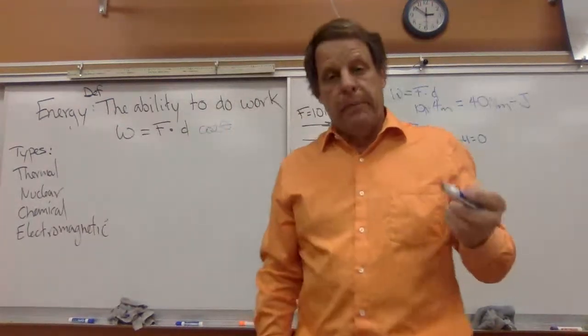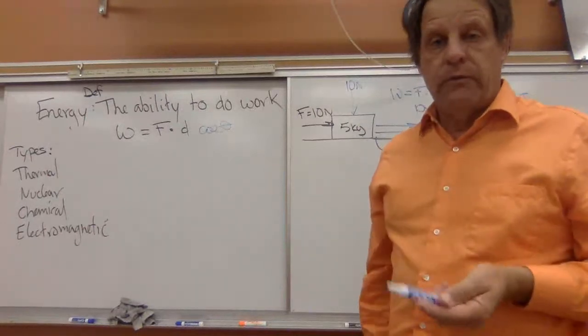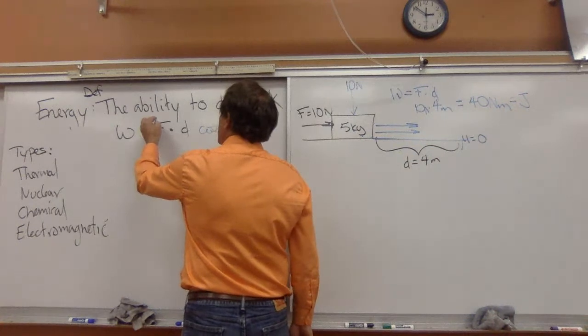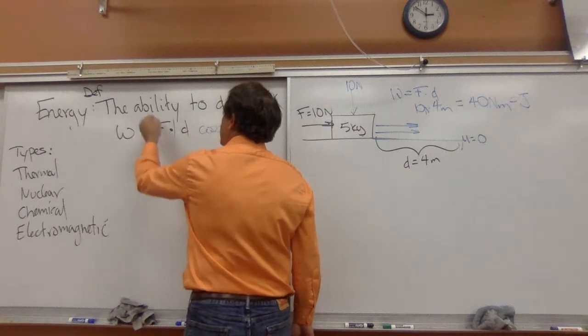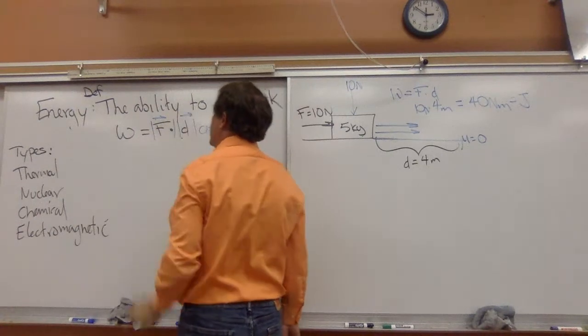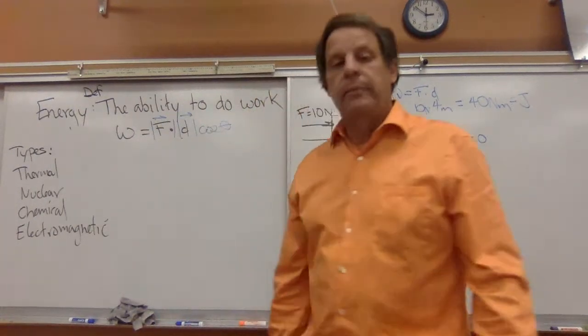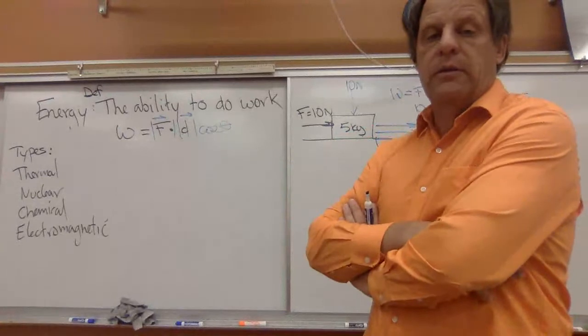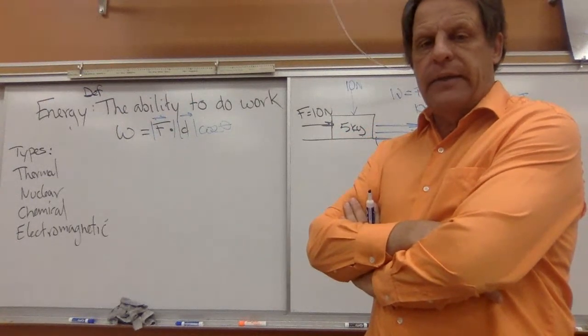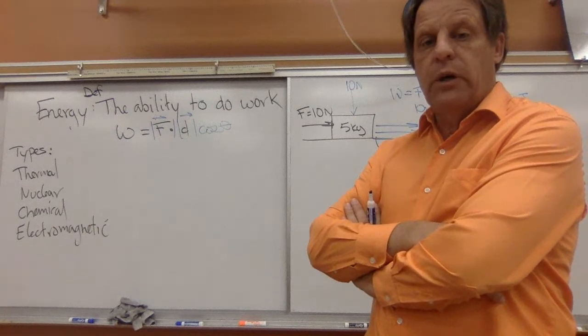Now remember that both force and displacement are vectors. So we're going to have the absolute value of the force times the absolute value of the displacement times the cosine of that angle, and that is going to be equal to our answer.